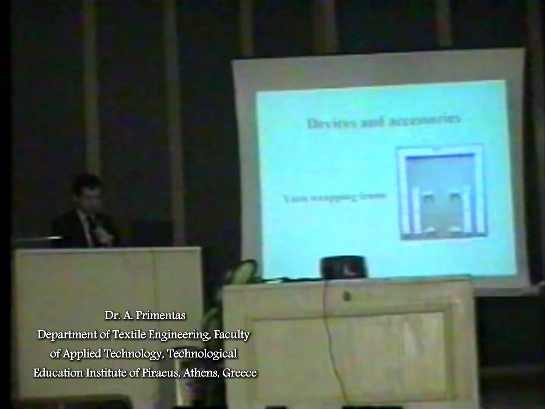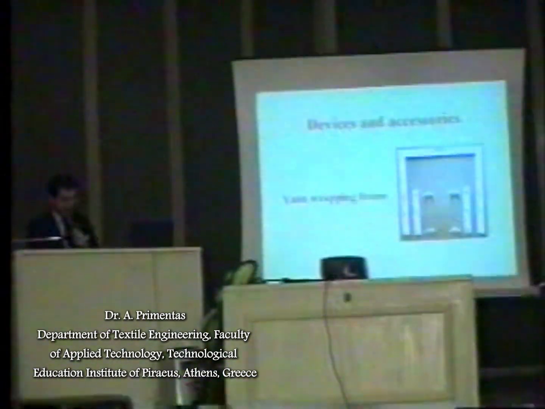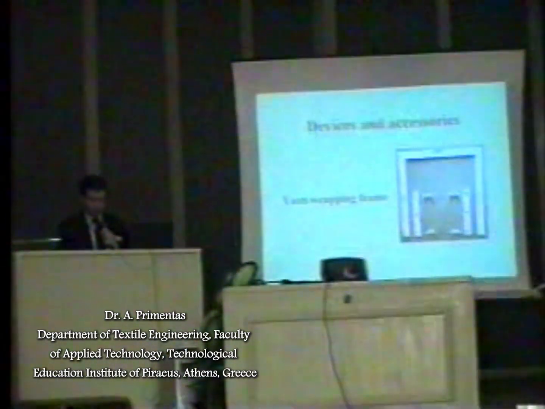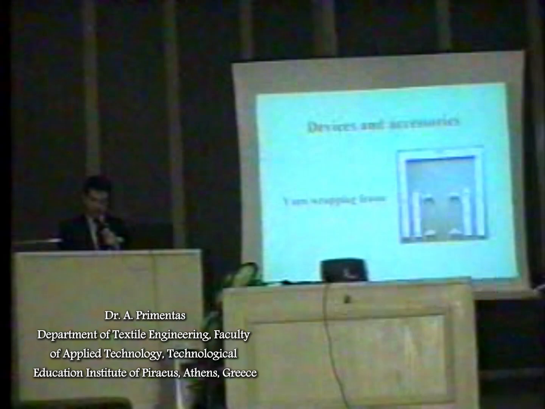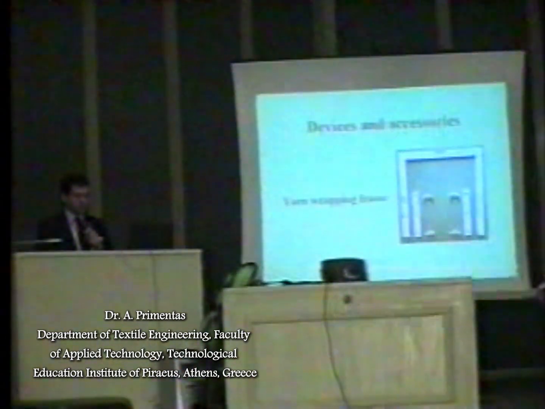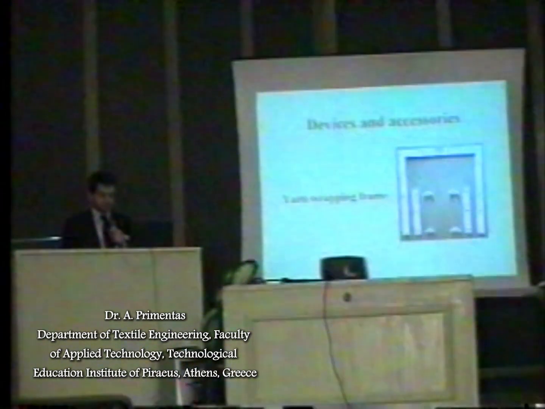The yarn wrapping frame was similar to this specially designed pie-shaped frame, accompanied by two small plates for yarn holding. Its dimensions were such that it was possible to place it on existing commercial yarn and fabric testing devices.